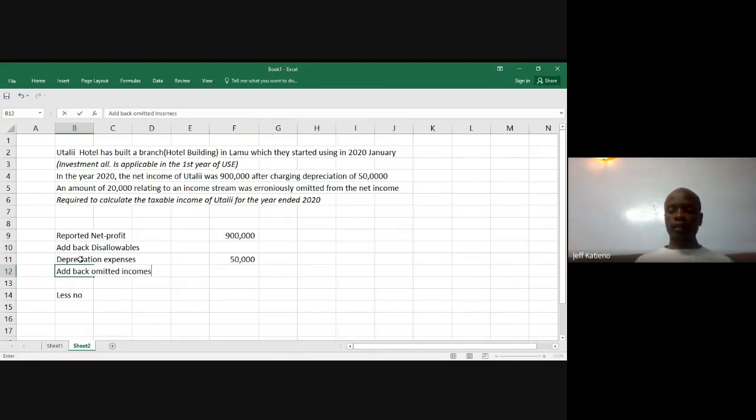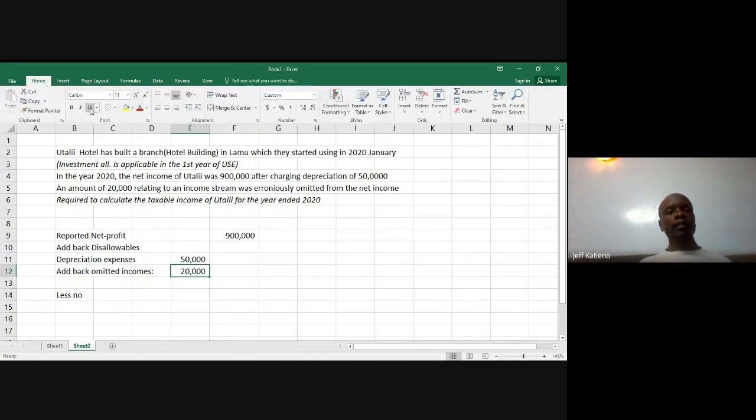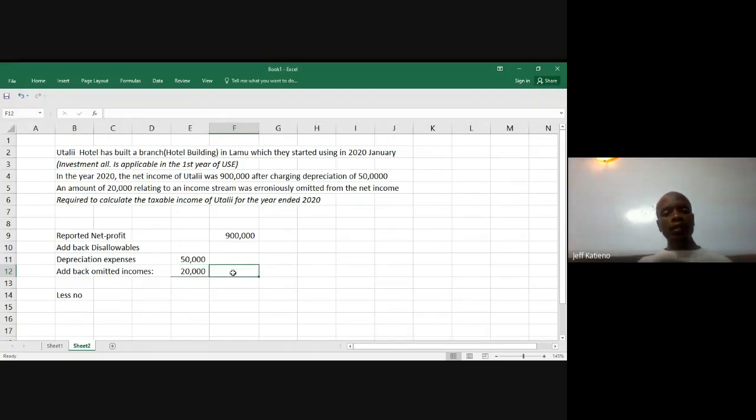So we add back this one, so it will be 20,000. Let me just put them in this column first, then I'll aggregate them here. The total add backs come up to 70,000.